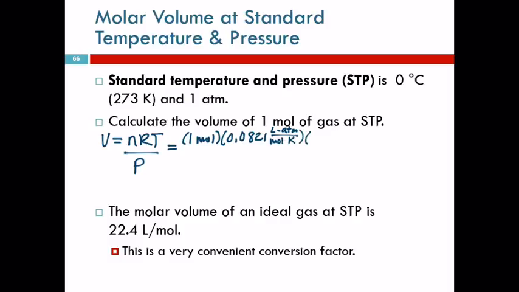And what's the temperature at STP? Yeah, we need to use Kelvin, so we're going to take 273 Kelvin. And then we're going to divide by the pressure, 1 atmosphere. So we get 1 times 0.0821 times 273 divided by 1, and we get 22.4.